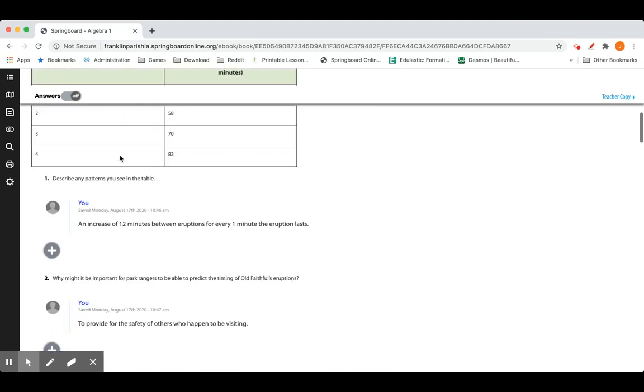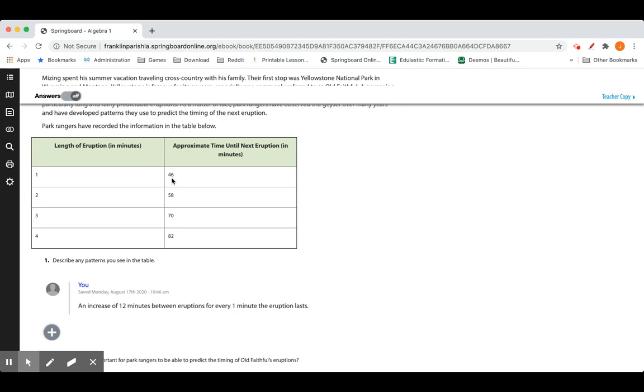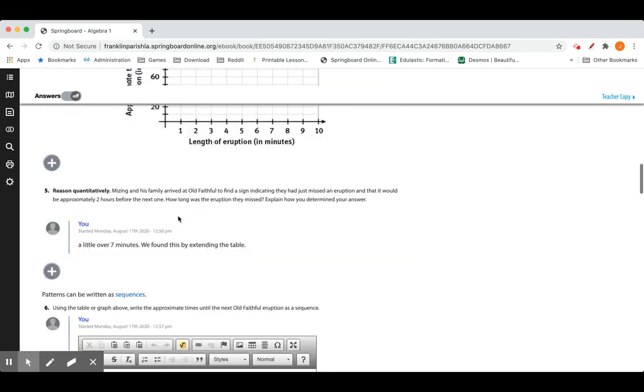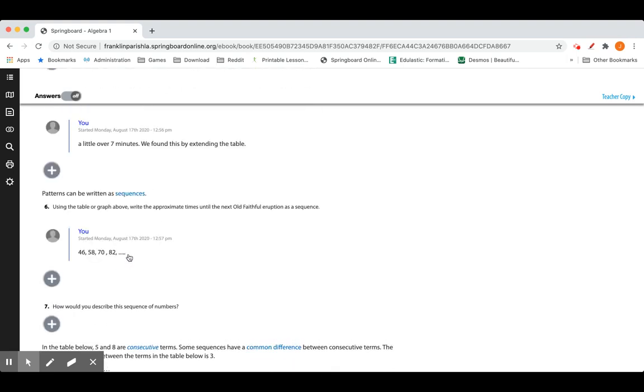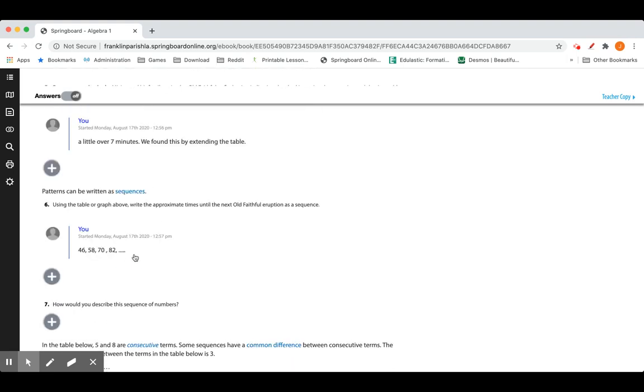Until the next eruption: 46, 58, 70, 82, and so on. We'll just keep going. That's a sequence. That's a list of numbers.